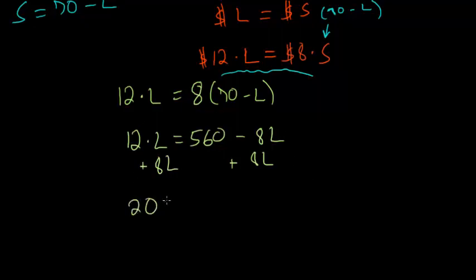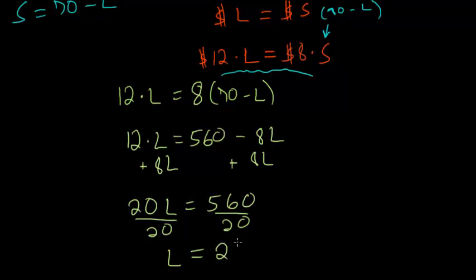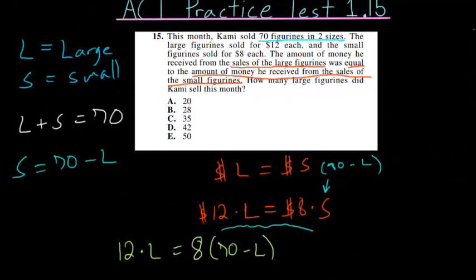So we have 20L is equal to 560. And now dividing everything by 20 so that we can solve for L, what we're left with is that L is equal to 28. So in essence, what we found is that there were 28 large figurines that were sold. And that is choice letter B.